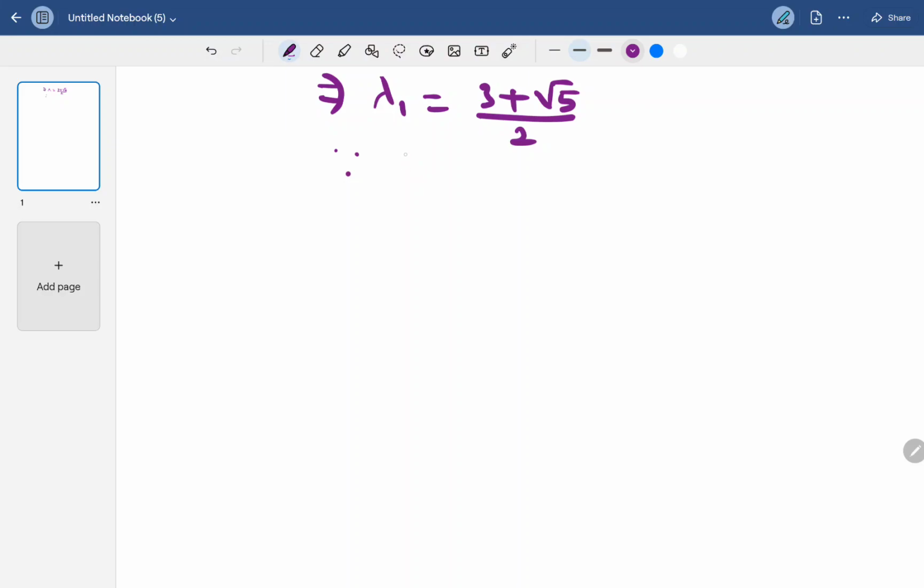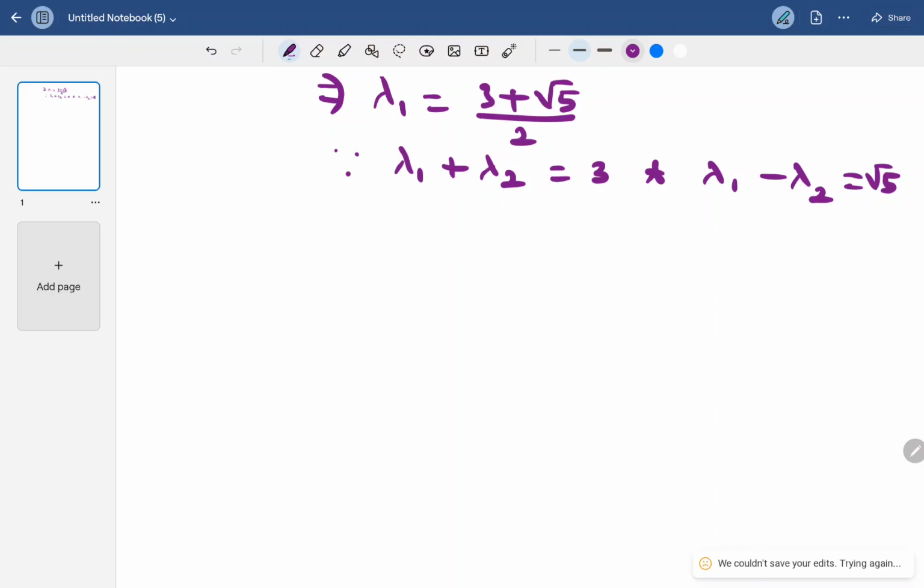Since lambda 1 plus lambda 2 equal to 3 and lambda 1 minus lambda 2 equal to root 5, we have to find the remaining eigenvalue, that is lambda 2. Substitute lambda 1 in either of the equations. Lambda 1 plus lambda 2 equal to 3.